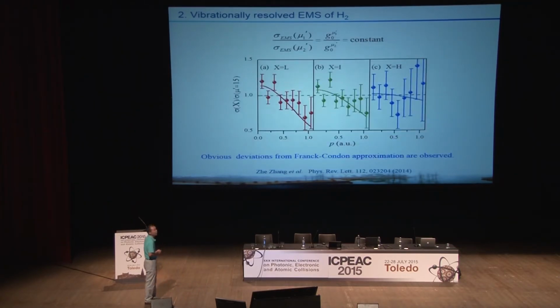But this figure for the ratios of different states shows obvious deviations from the Franck-Condon approximation. So how to explain this?